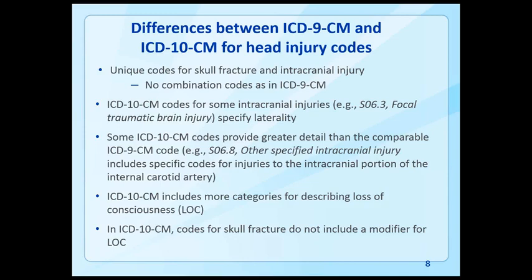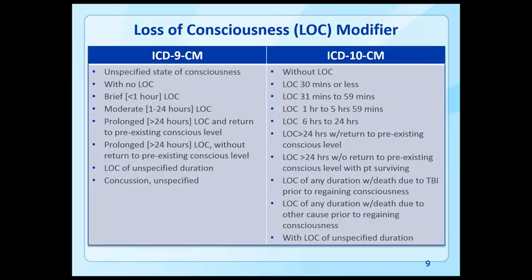And then finally, one of the other big differences between ICD-9-CM and ICD-10-CM is that the loss of consciousness modifiers are only used for the intracranial injuries. In ICD-9-CM, skull fractures also had these loss of consciousness modifiers added to them. That's not the case in ICD-10-CM. In ICD-10-CM, the skull fracture codes do not include those modifiers that describe the loss of consciousness.